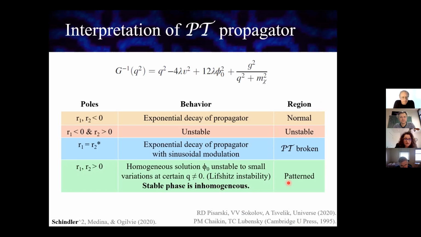So while the homogeneous phase is unstable, the stable phase is one that's inhomogeneous. So you get these patterns. So even though you might look at this and say this is unstable, the only thing that's unstable is a homogeneous phase, just a flat, like that dark blue phase we saw, and you get the patterning.